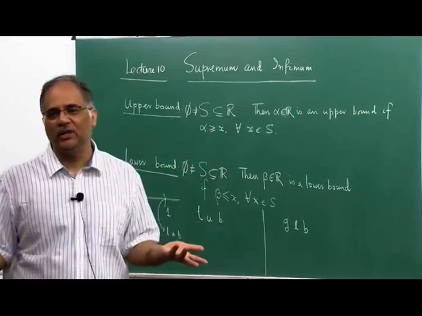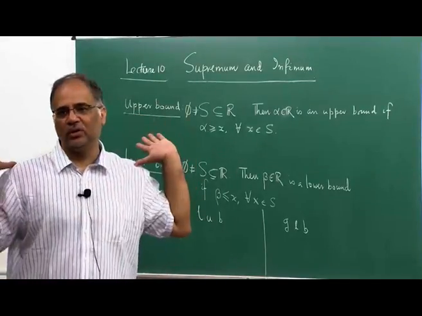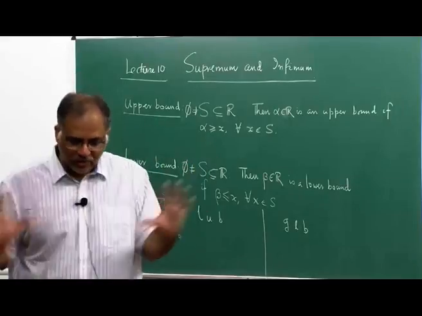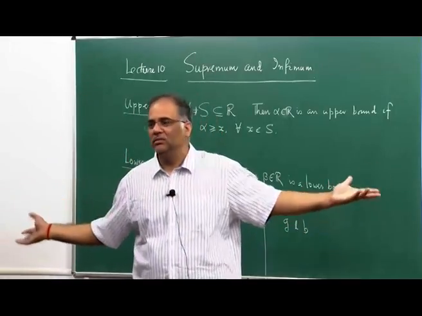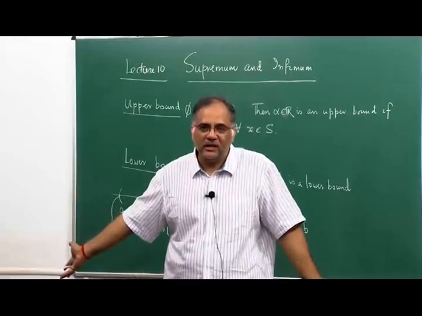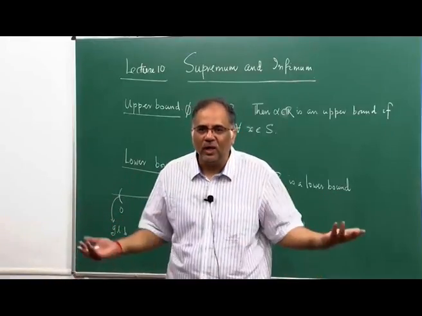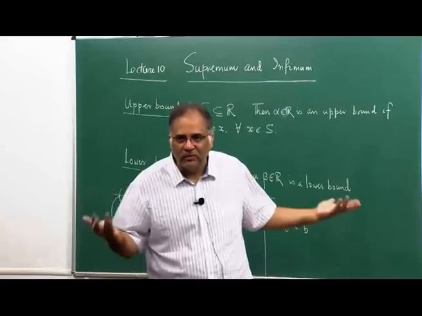You can make a convention that every real number is bigger than any element in phi, because phi has really no number. So, then there is no upper bound, supremum or infimum.